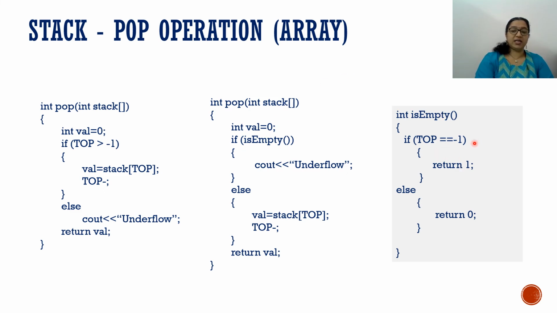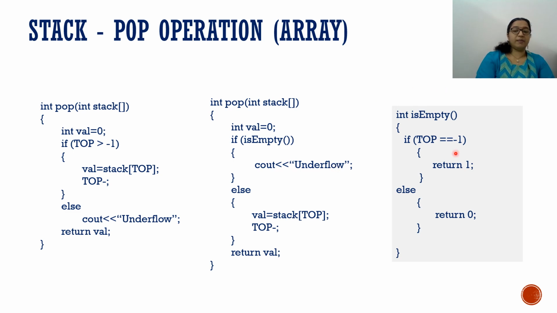If it is true, we will get a message underflow. Else, if top is not equal to -1, we return 0. So if you get the answer as 0 here, it automatically moves to the else portion. If true, meaning 1, we will get the underflow message.